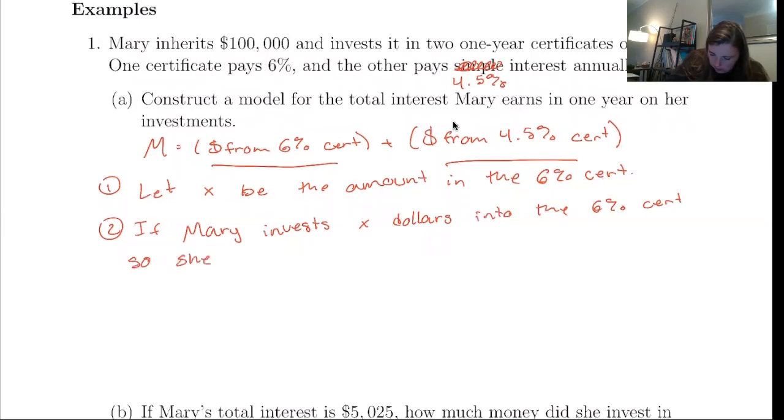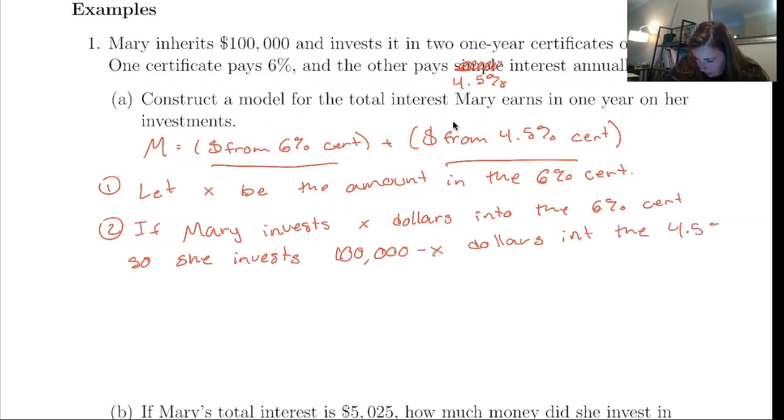So she invests 100,000 minus X dollars into the 4.5% certificate. Okay. Is everyone okay where I got 100,000 minus X? Okay, cool.